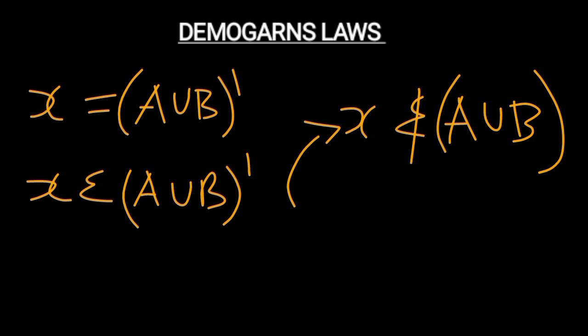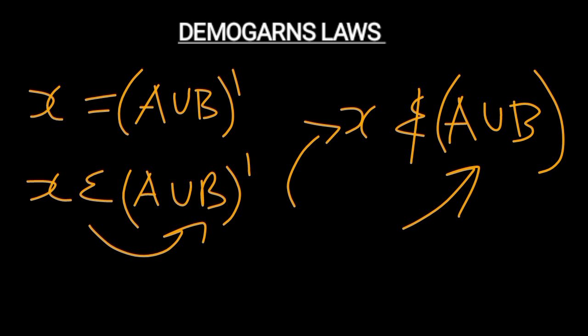If a set is part of this set with a complement, then it is not going to be part of a set without a complement. You just do the opposite. A set is in A union B complement, so a set will not be part of A union B without a complement. A set can be in both sets, for complement and for without a complement.